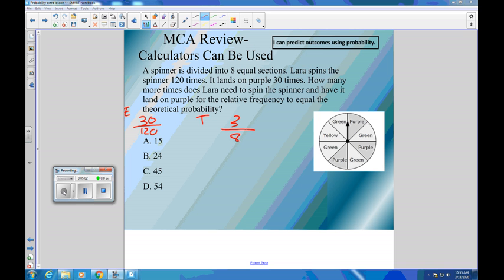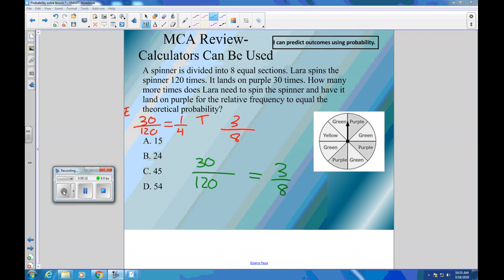Right now, 30 over 120, if I simplify that, that leaves me with 1/4, which is not 3/8. So how we're going to do this is we are going to set up a proportion, and I'm going to start first with my experimental probability. So 30 over 120. We need to figure out how many more times she needs to spin the spinner and have it land on purple to equal the theoretical, which is 3/8.